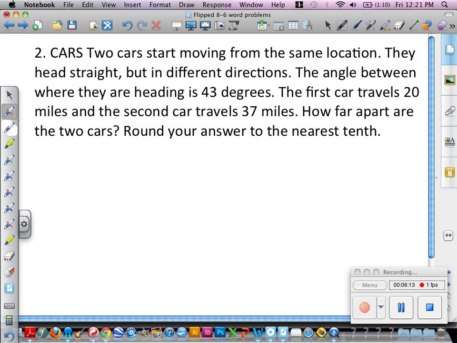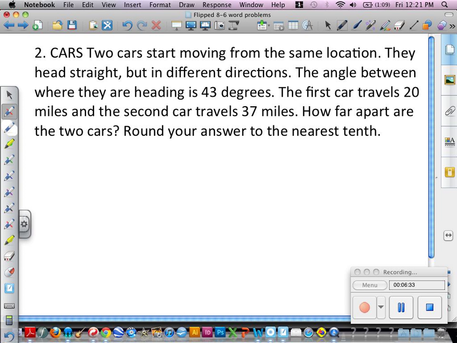The first car travels 20 miles, and the second car travels 37 miles. How far apart are the two cars? Round your answer to the nearest tenth. When you're problem solving, you may have to read the problem more than once. So if you need to pause the video and read it again, go ahead.